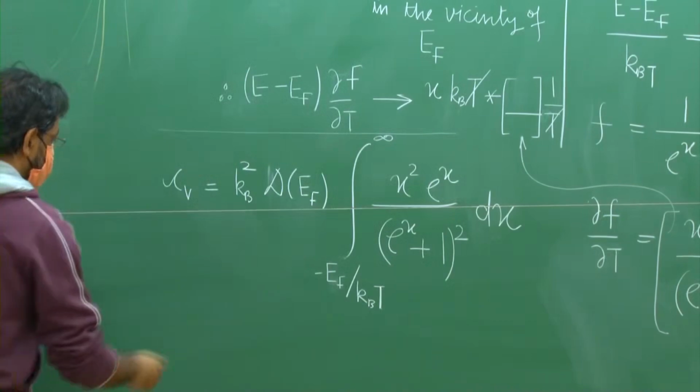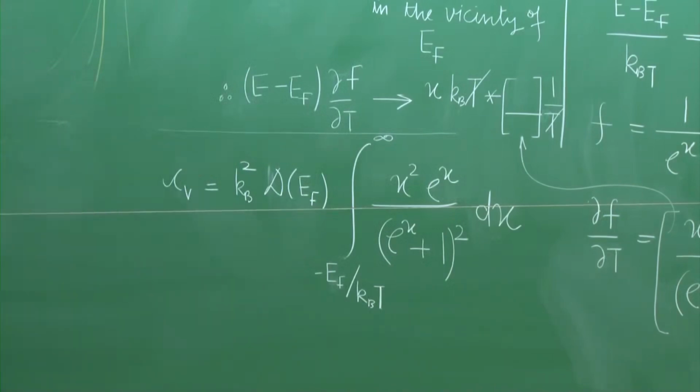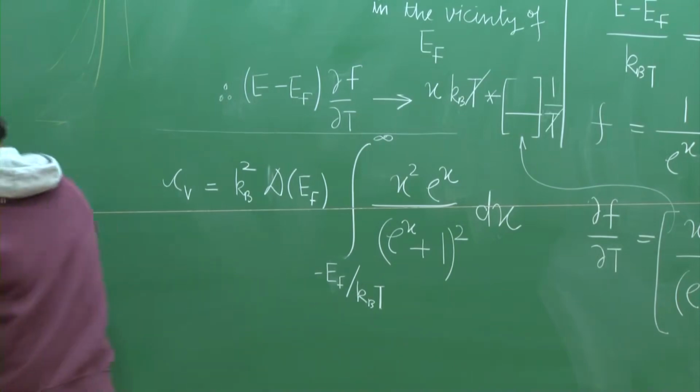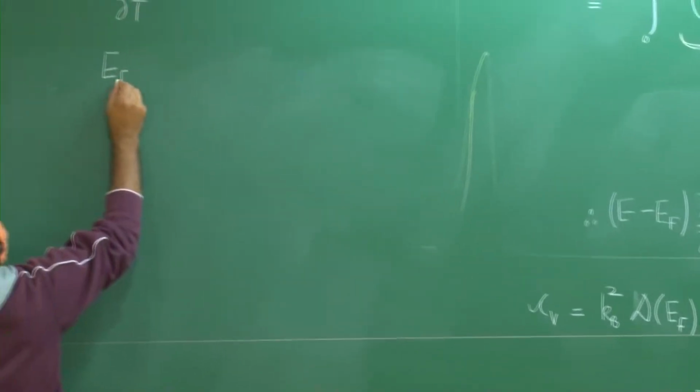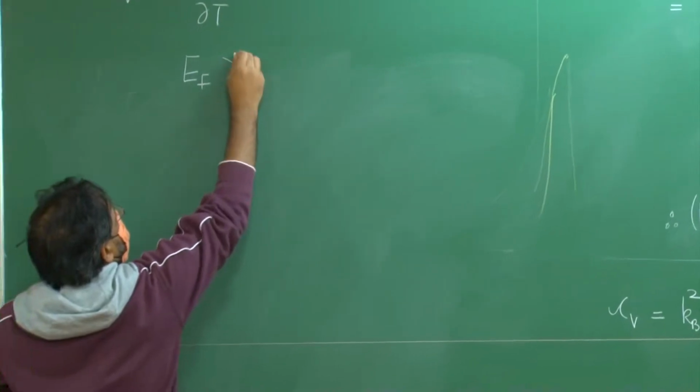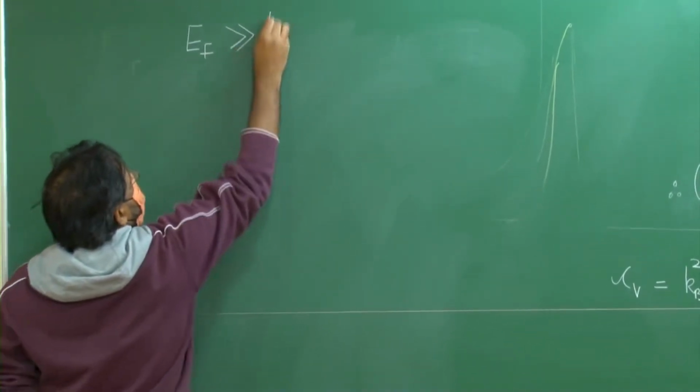So for ordinary temperatures, which means even room temperature, for a Fermi gas in a metal, an electron gas in a metal, EF is much greater than kBT for all practical purposes.